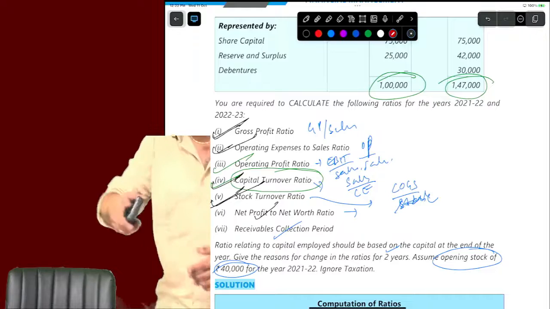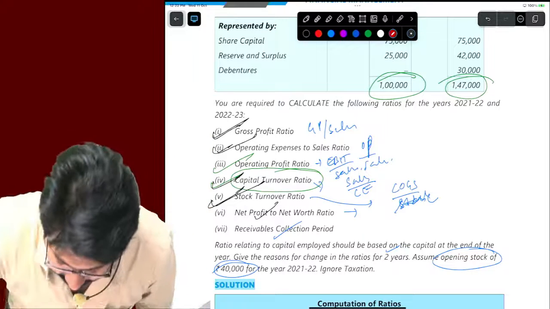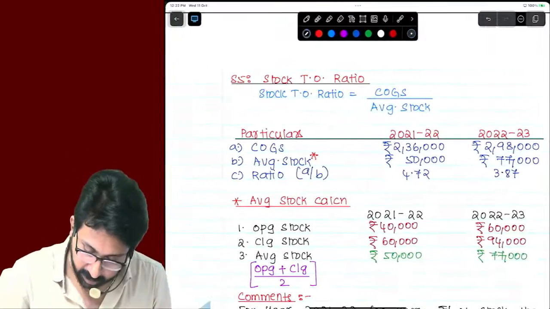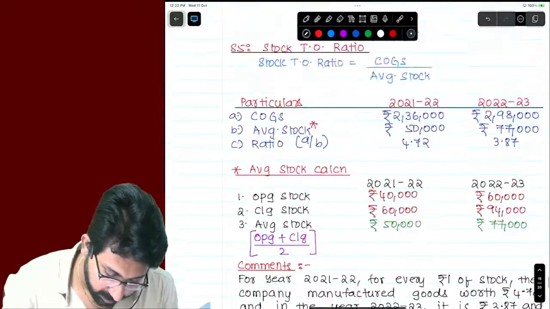Write down, sir. Keep the heading net profit to net worth ratio.